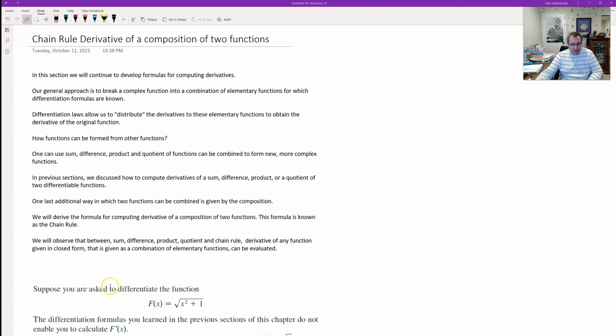We will go through the material of the section, and I will make some comments where it's important to fill in some gaps. Hopefully you will be learning something interesting today.